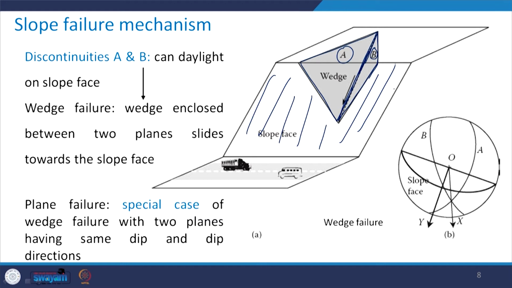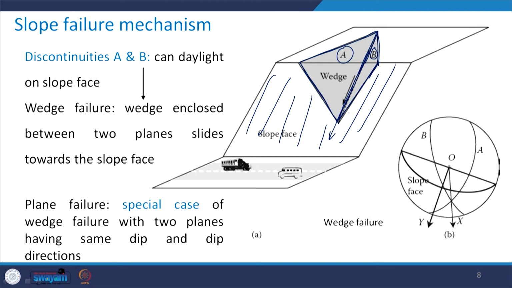What do we understand by the wedge failure? You see both the discontinuities are there, and whatever wedge is being formed here, like this, will have the tendency to slide along this line of intersection. So, this will be sliding towards the slope face. This is what is called the wedge failure.